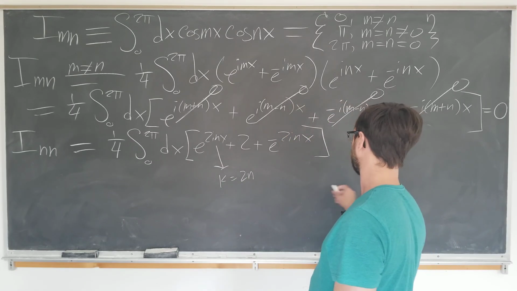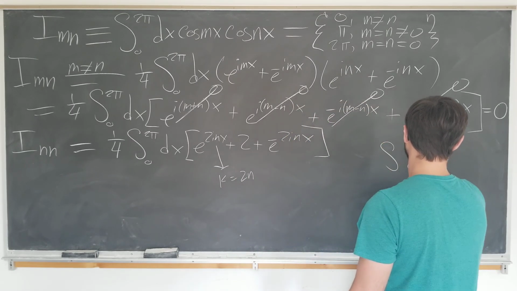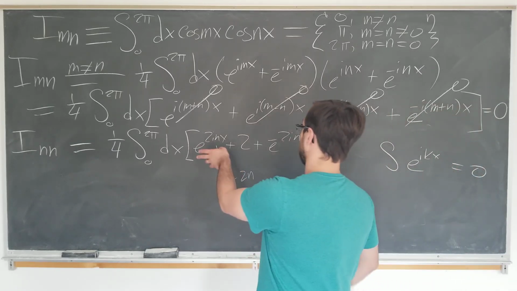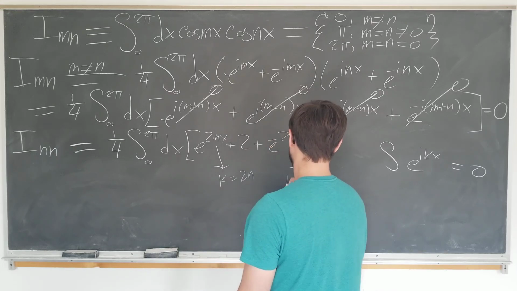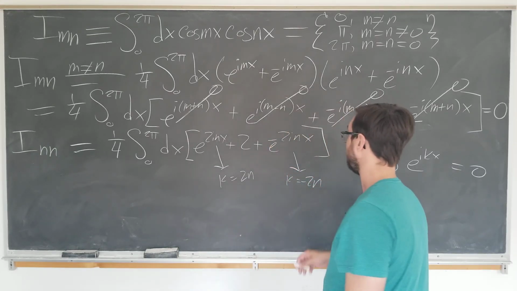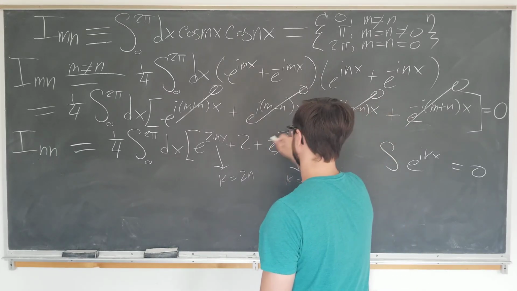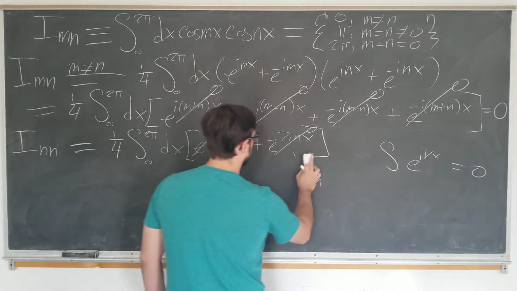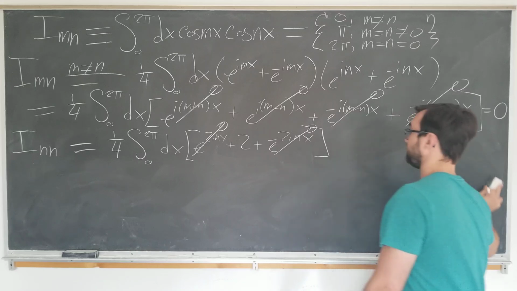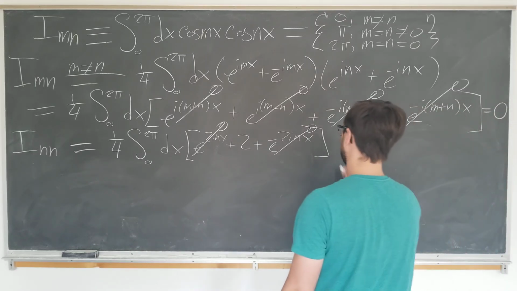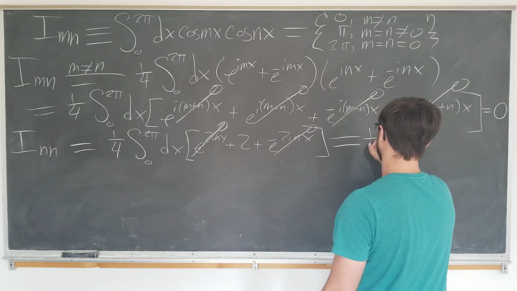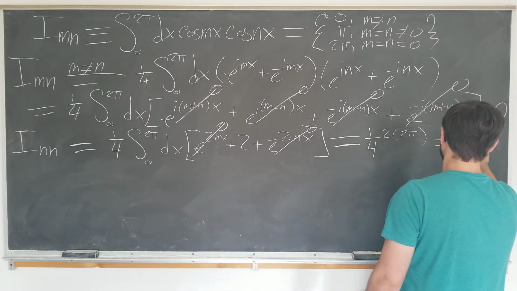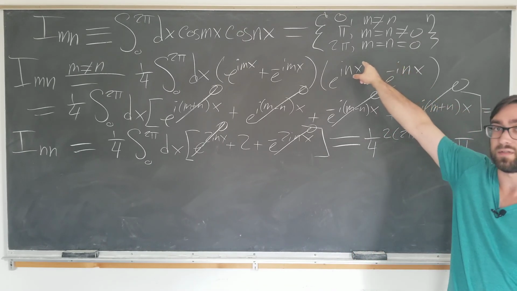For this one, remember, we're integrating e to the ikx is equal to 0. That's our formula. k equals 2n, and of course k is equal to minus 2n in this formula. So both of these integrals are 0. We're left with the integral of 2, which we can definitely do. And our final result for the nn case becomes 1/4 times 2 times 2 pi, which is actually pi, exactly as I told you in the beginning.